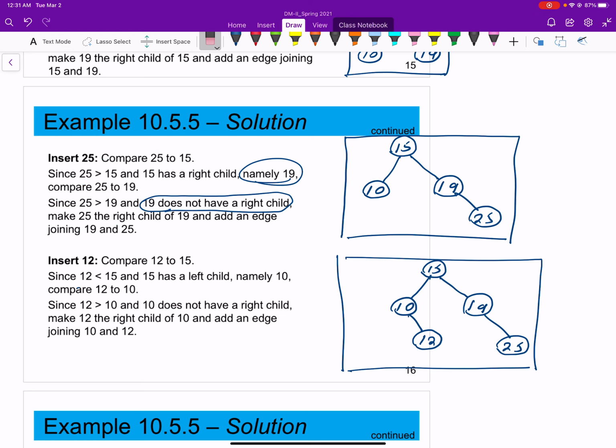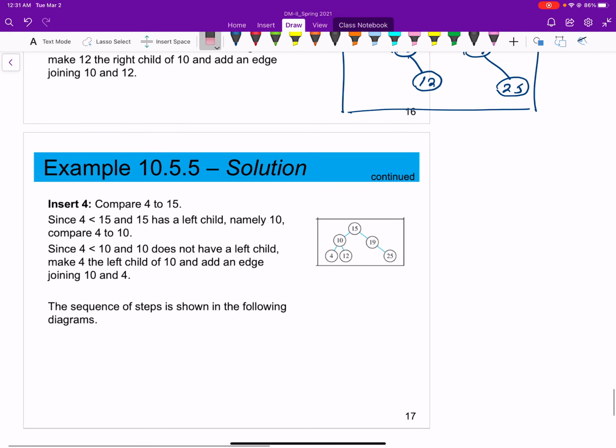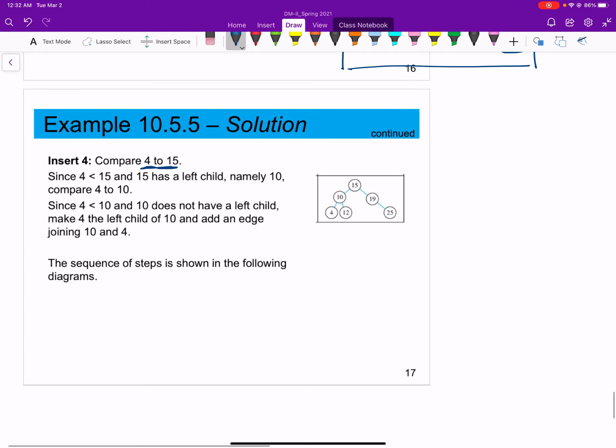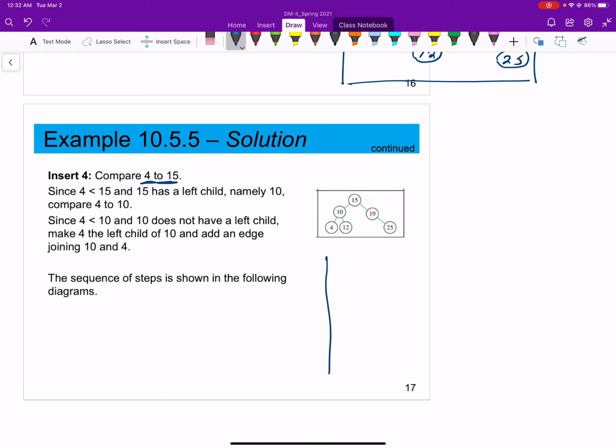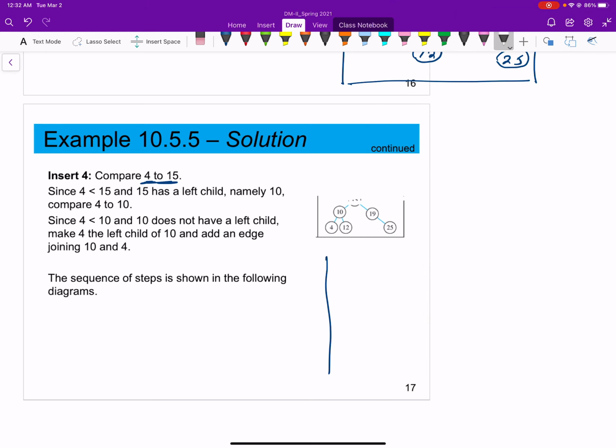All right, so that is the tree now. Okay, just go to the last step. In the last step, we're going to bring 4, which is the last element. 4, compare 4 with 15. You compare 4 with 15. Let me draw it here.